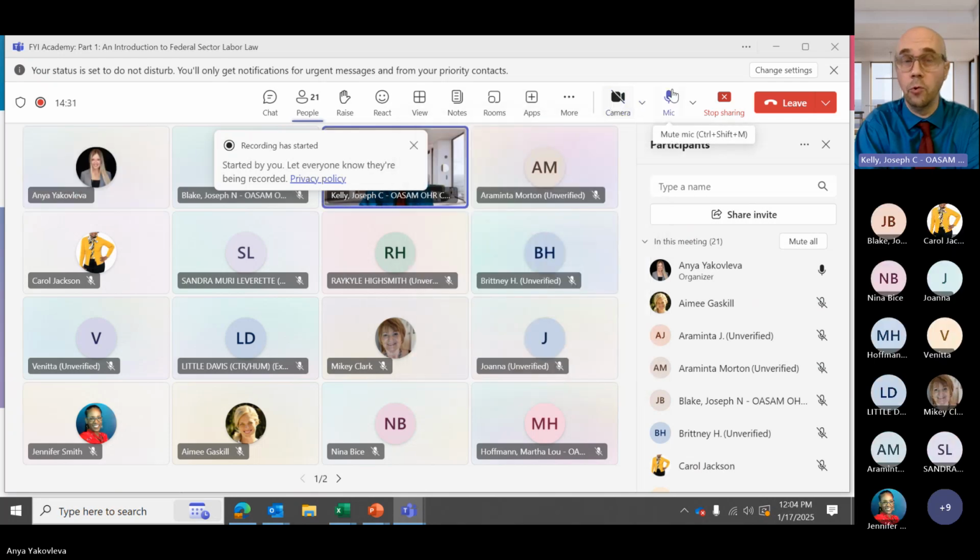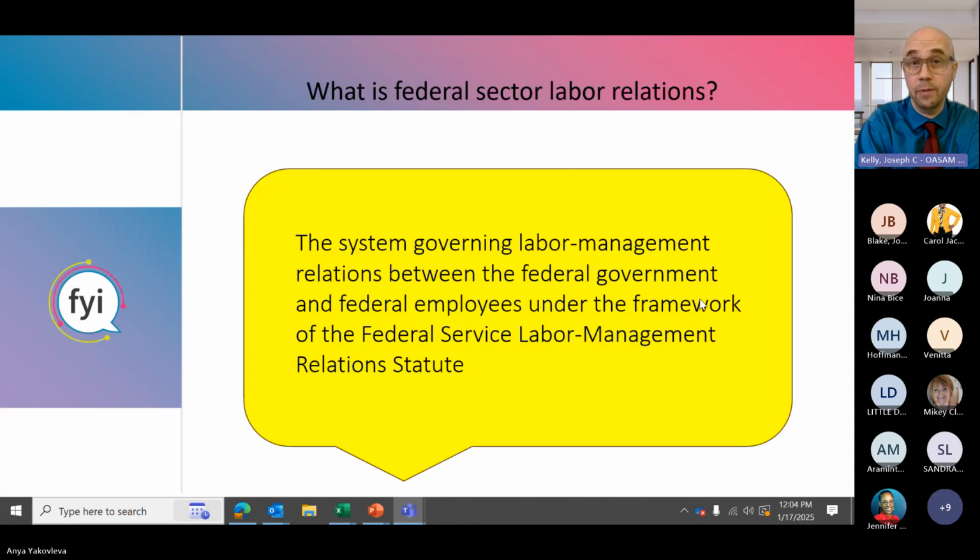There are a lot of rules and circumstances that may apply in certain cases, and there's a lot of uncertainty in federal sector labor relations, especially when you're going before a third-party neutral, like an arbitrator. You have no idea what the outcome of your case is going to be, and so for those 3 reasons, getting your head around federal sector labor relations for the first time can be challenging. So I did my best to organize this information in a way that makes sense for folks who haven't been exposed to it for very long.